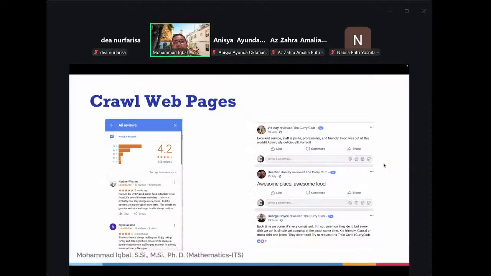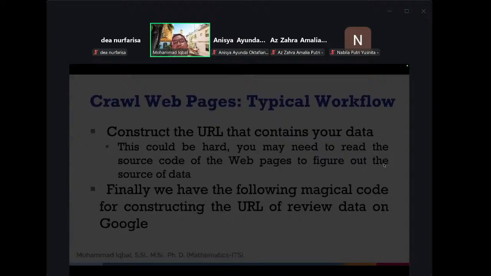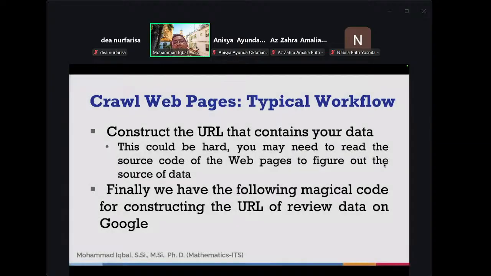So here is the crawling of the web page. You need to search and collect whatever information that you need, and then follow the typical workflow: construct a URL that contains your data. This could be hard. You may need to read the source code of the web page to figure out the source of data.